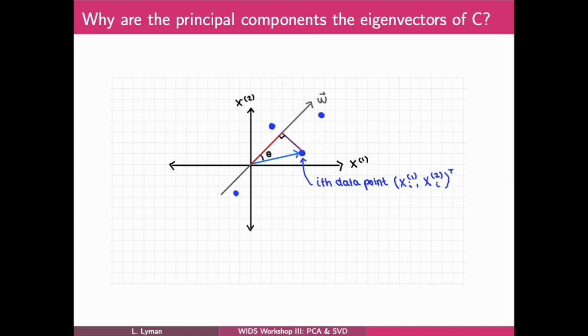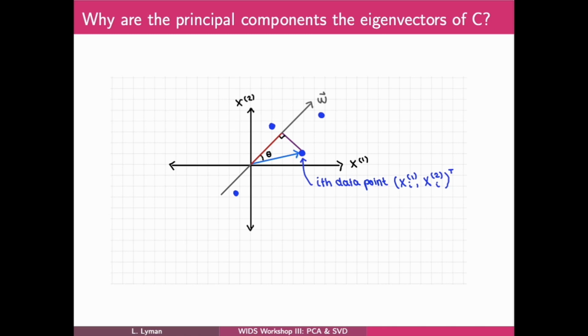To understand this portion, we have to look at our model mathematically. In particular, consider the zoom-in that we explored previously. The ith data point, x sub i1, x sub i2, is denoted here in blue.